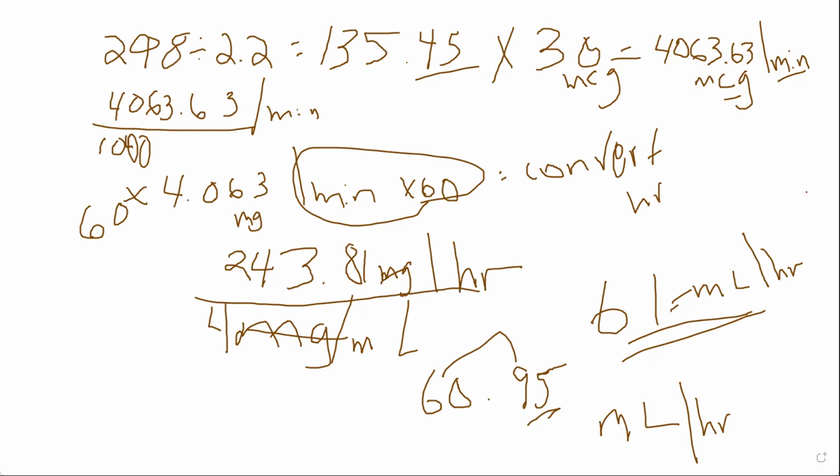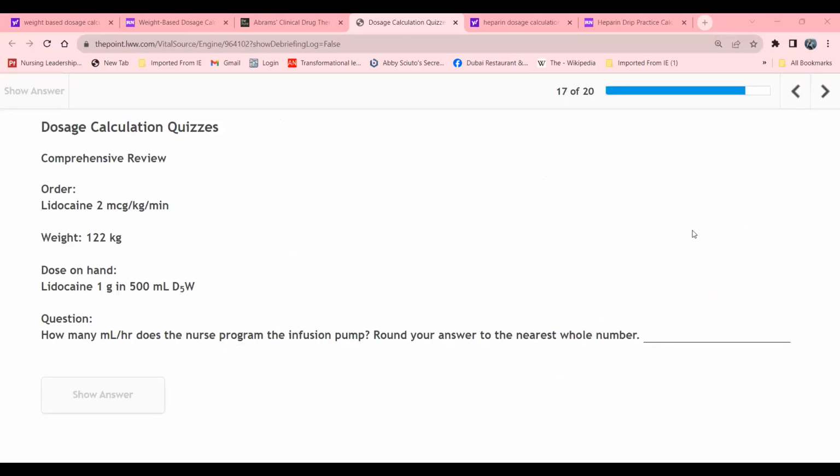Okay, so let's do this one. This is the same thing, you just don't have all those words in it. It's asking you for mLs per hour. All right, everybody see this one?